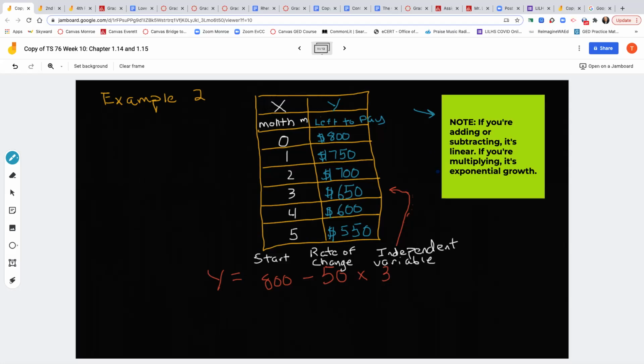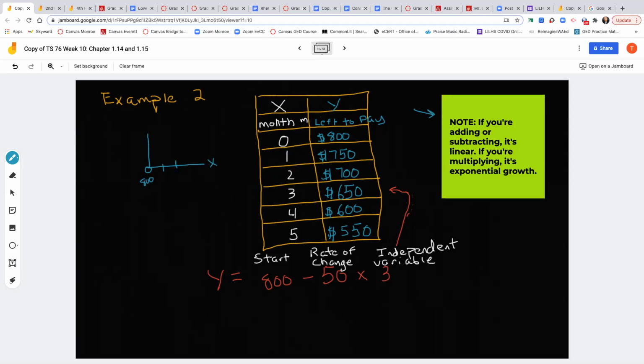So here's my illustration here, okay? My x values is months. If this was my chart, this is my x value, month 0 is right here. That's my starting value. I started with $800. That's month 0. And then after 1 month, I had 750.